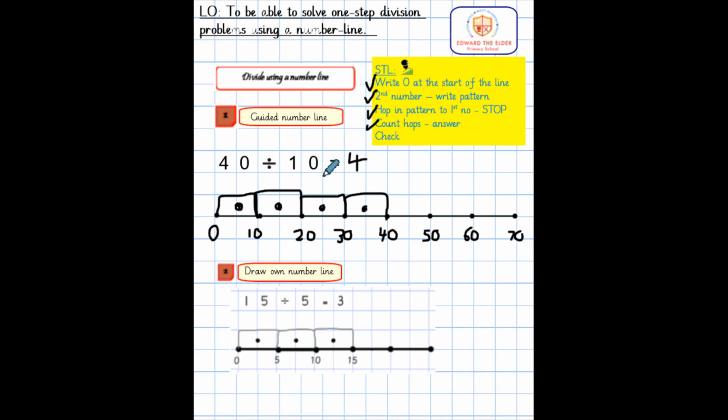Our second number, number 10, that's the groups we have counted in along our number line. We've then hopped along till we've got to our first number, number 40, and we've done 1, 2, 3, 4 hops, which means that our answer is 4. So we've checked that. Once we are secure with this, we can then draw our own number line to help us find the answer.